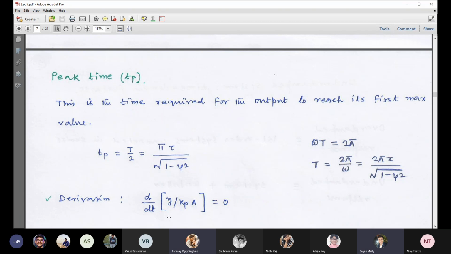Yes, sir. I got tan inverse of omega tau by zeta minus phi, whole divided by omega. Even that would be 0. It's the same issue, I think. Anyone got the same value? Capital T by tau?